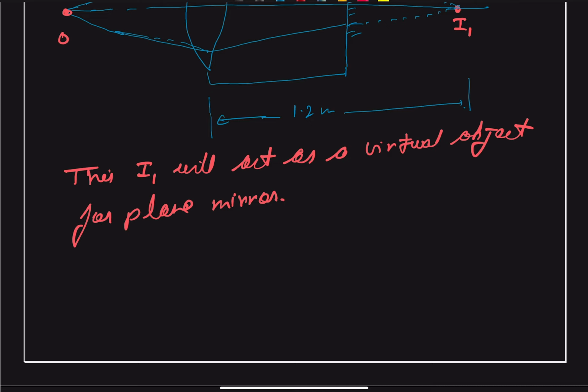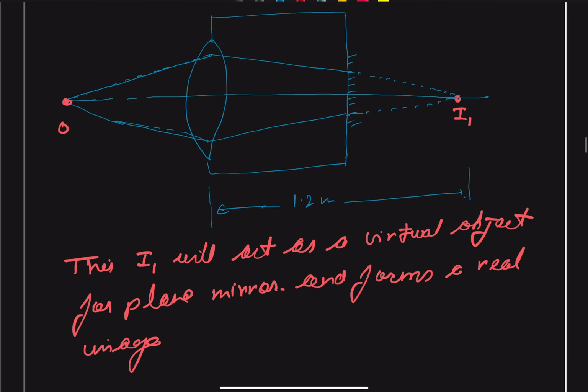And it is going to form a real image. We can just draw that also. So it will be reflecting this way, and this will be the position of the real image.